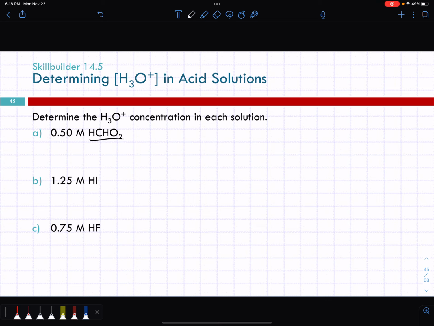So is HCHO2 a weak or strong acid? It's a weak acid. Pretty much all the organic acids are going to be weak acids, if not all of them. So our concentration then is not going to be 0.50 molar H plus, but it's going to be much, much less than that, right? There's going to be a small portion of H plus in the solution. We can't exactly determine yet.